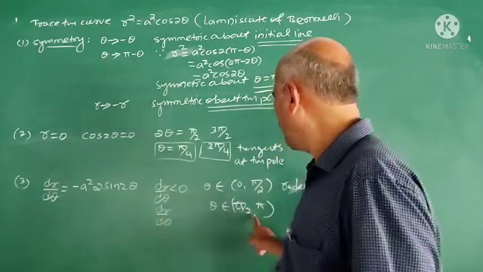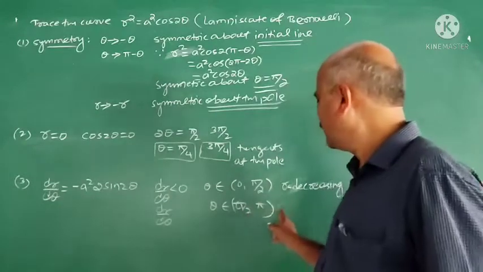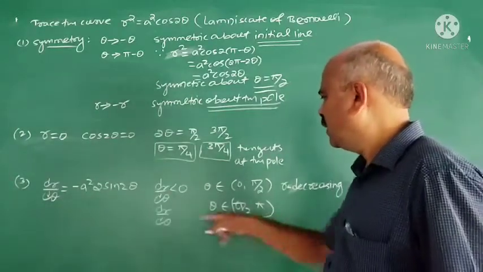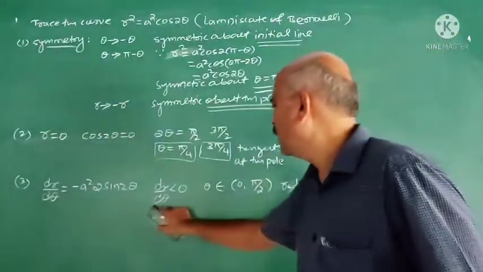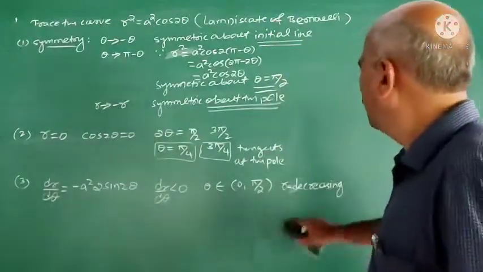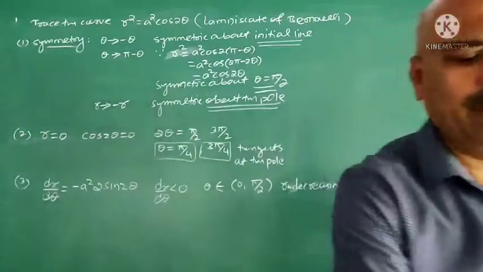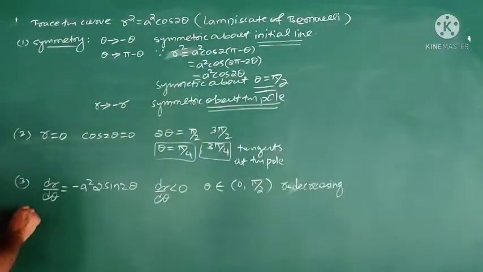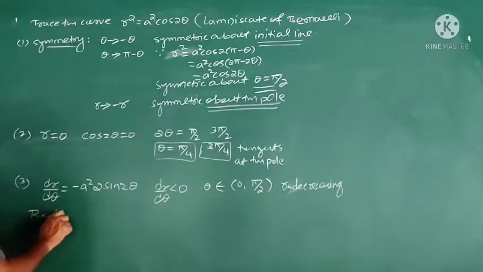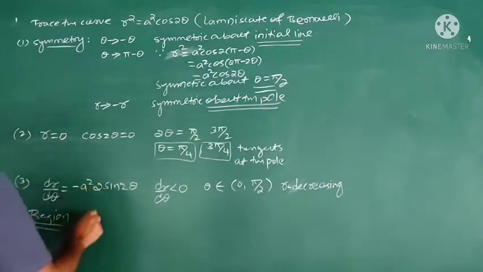Pi by 2 to pi, again it is decreasing. That is, r is decreasing, but we require this one only. This is sufficient. R is decreasing in 0 to pi by 2, and the region we have to find out is where the curve doesn't exist. For that we solve here.